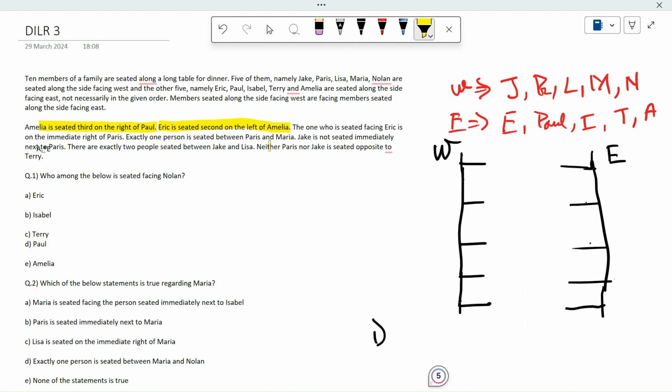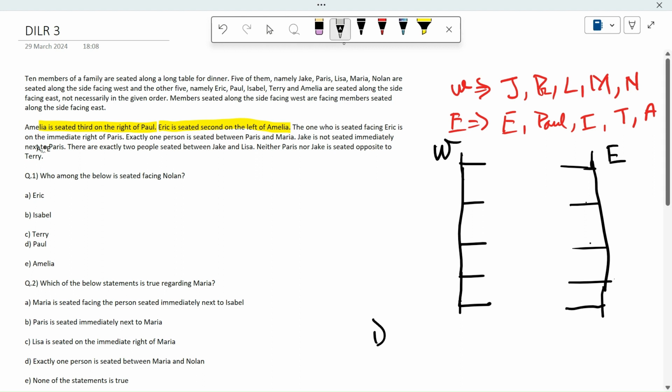So we need to find out who is seated at this point. When you are sitting on this side, the right will come here if someone is sitting at this point. If J is here, in this case the right will be on this side. I hope you're understanding this point.